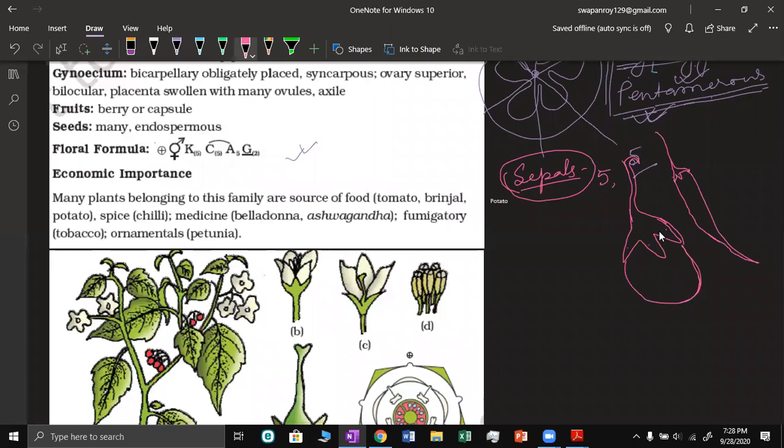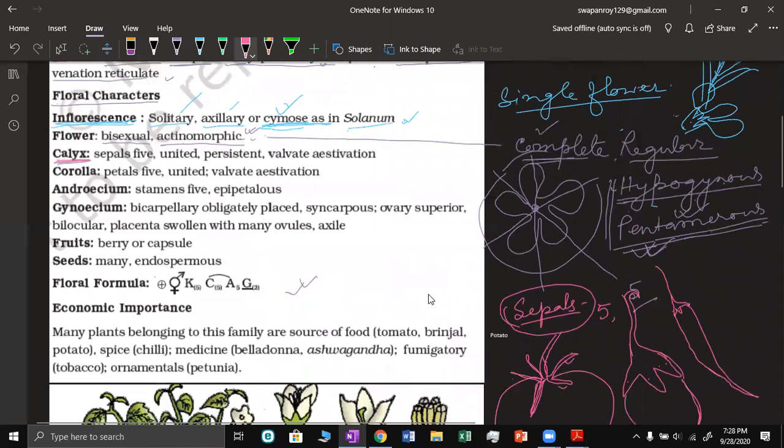The calyx is fused here. If you see a tomato, then in the tomato also there are 5 sepals. Those local tomatoes you will see, in those cases you will get the stalk, and along with the stalk the calyx is there. So the calyx in Solanaceae is permanent, persistent, meaning it remains still in the fruit.